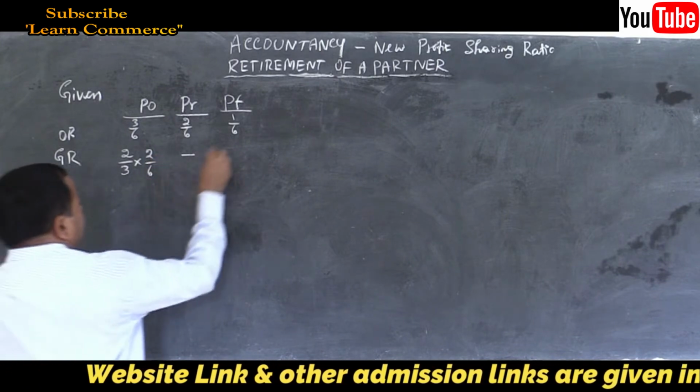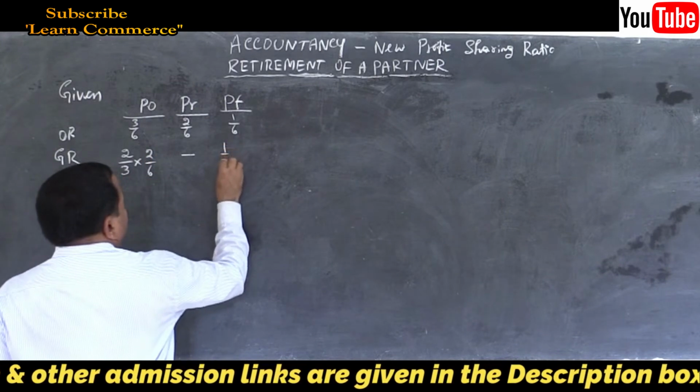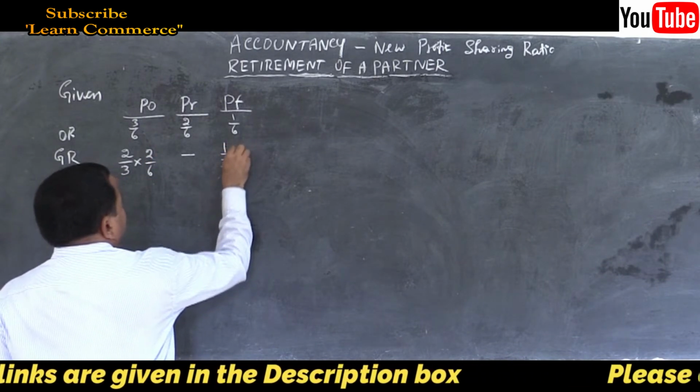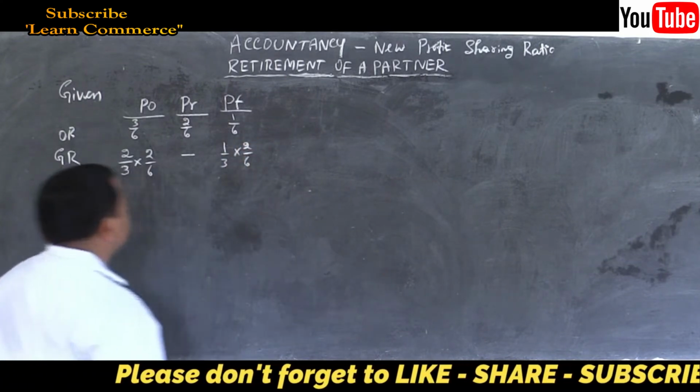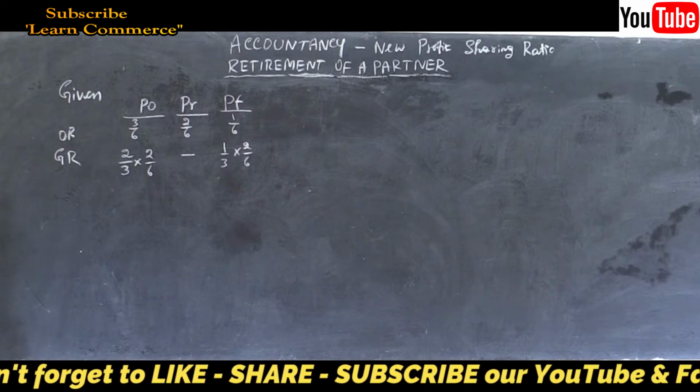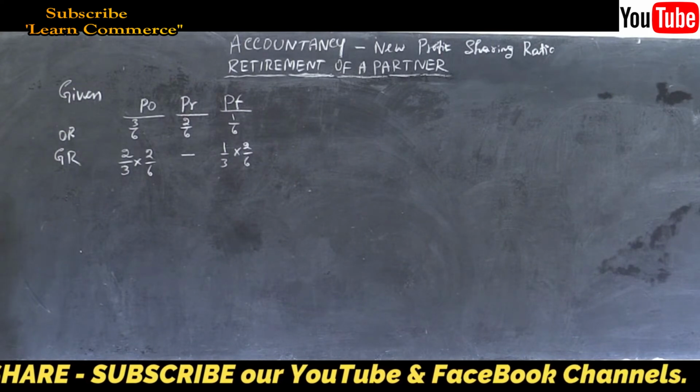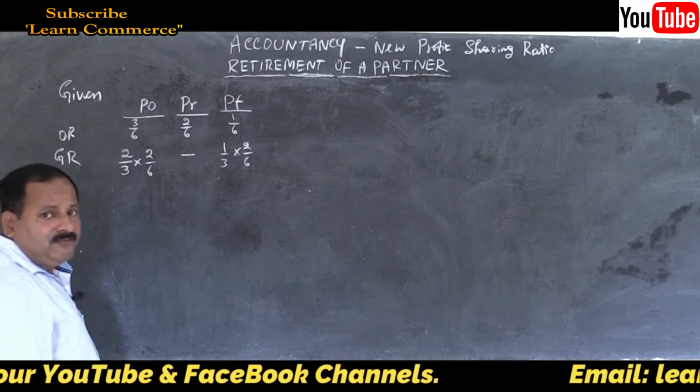Here 1/3 of retiring partner's share is the gain ratio of the other partner, that is Pratishtha. Let me calculate now.